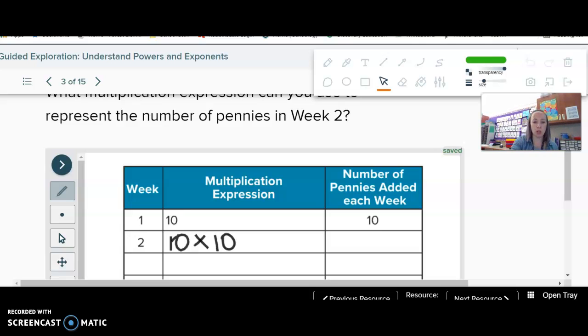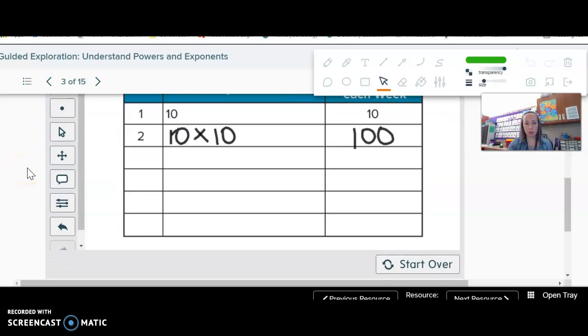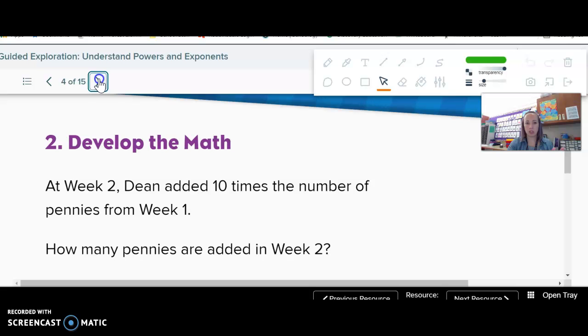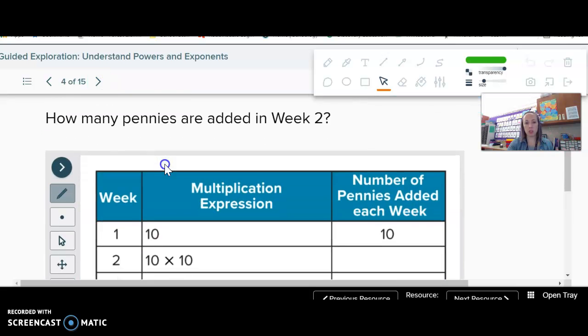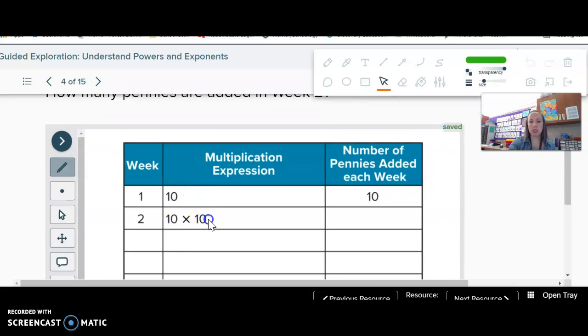So he had 10 before, and then I multiplied it by 10, which is 100. So that one's pretty straightforward. Okay, so like we just did, 10 times 10, which is 100. Make sure you add these to the table as I go through them.